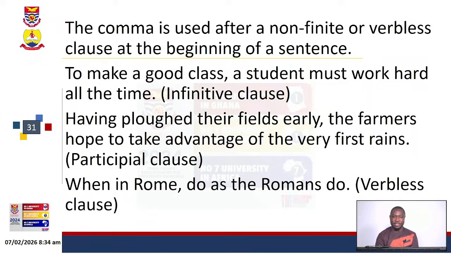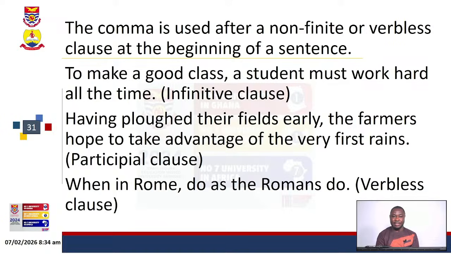Participial because the clause begins with a verb ending in the ing participle. Okay, good. When in Rome, do as the Romans do. You've heard it time and again. When in Rome, do as the Romans do. This is a verbless clause. It is first of all a clause because it makes complete meaning and it has hidden subjects and verbs.